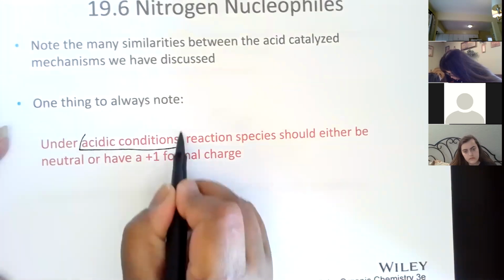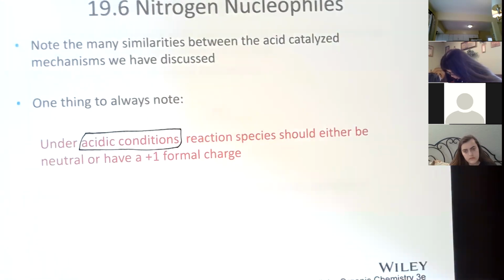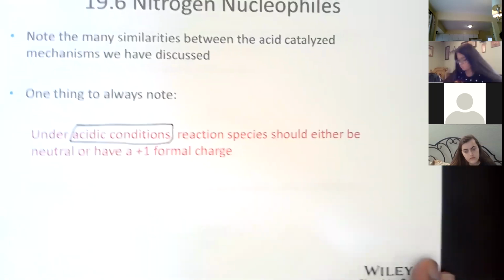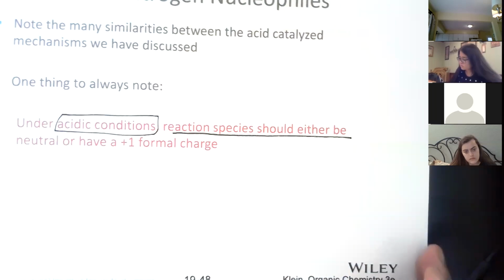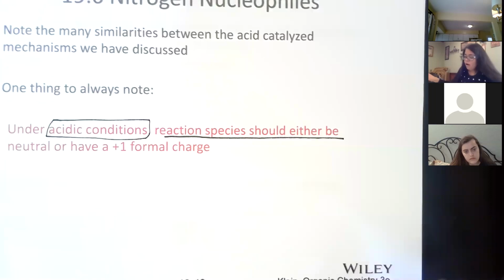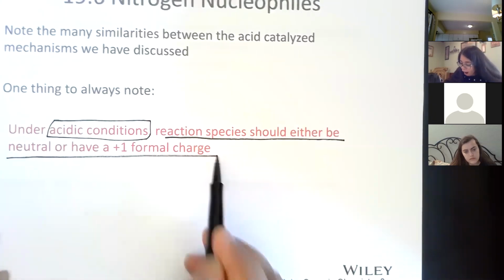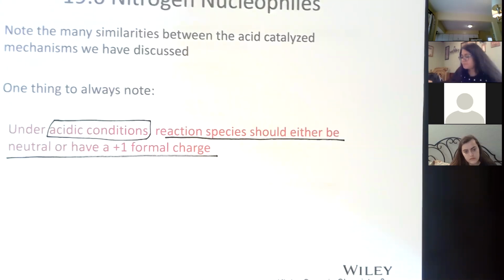At the beginning, we talked about acidic conditions, basic conditions. If you have acidic conditions, the reaction species should either be neutral or have a +1 formal charge.